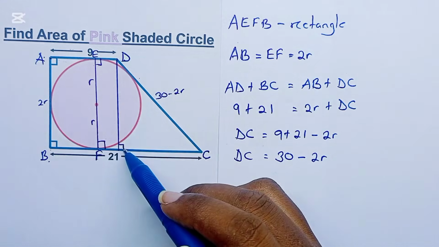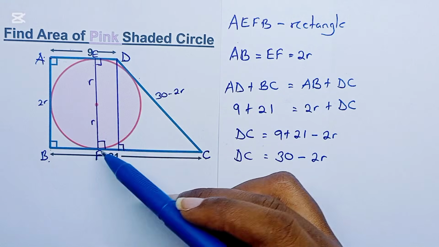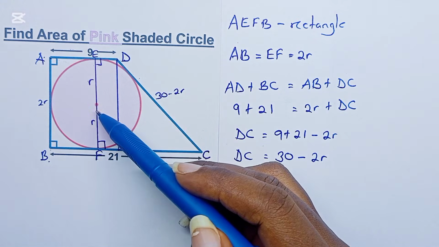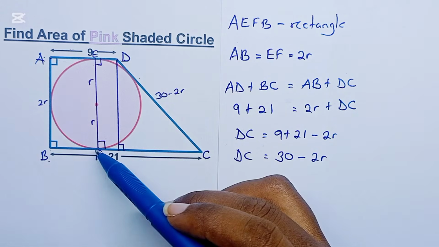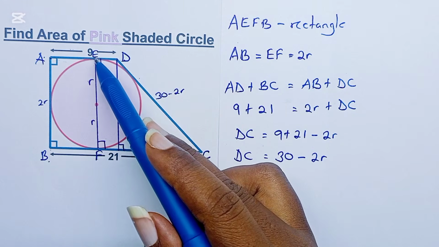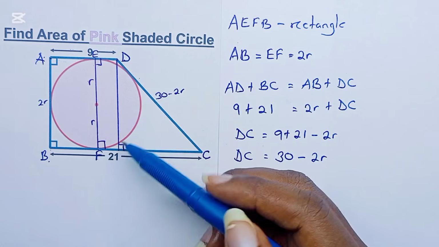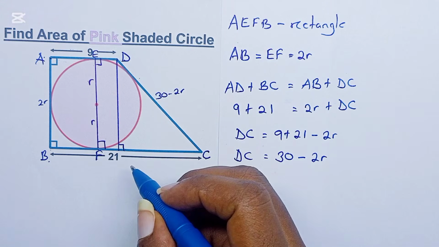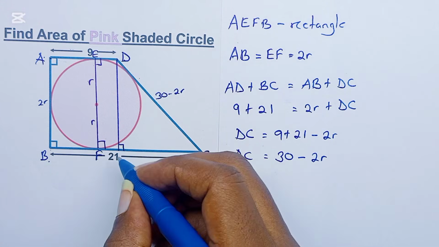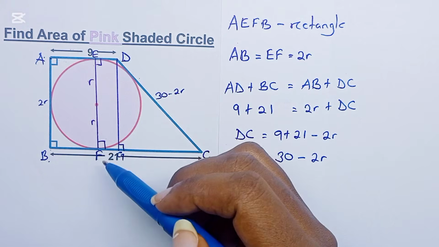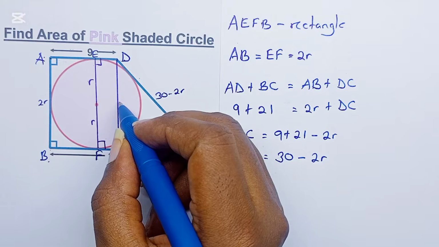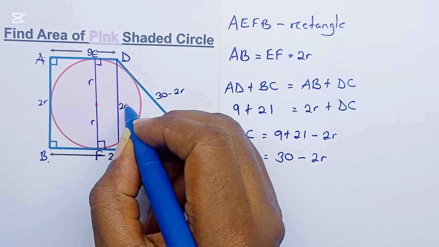And since this line is parallel to this line EF, we've come up with a rectangle also. Let me call this point G. So EF is equal to DG, so this is also 2r.